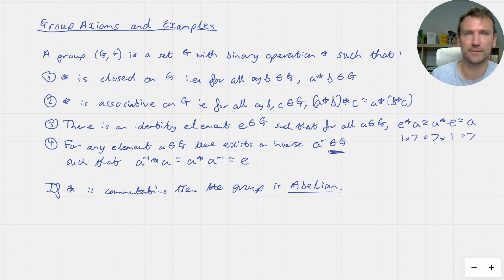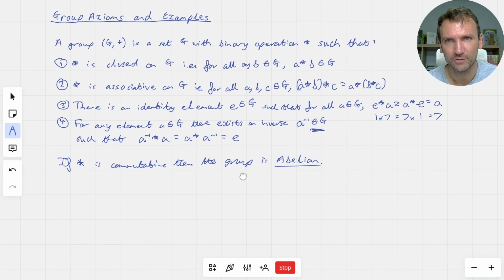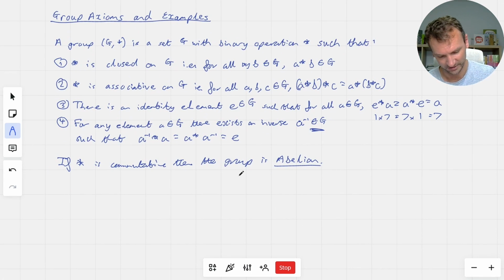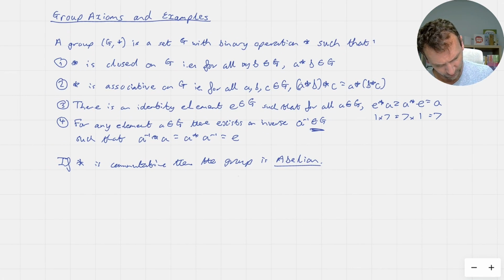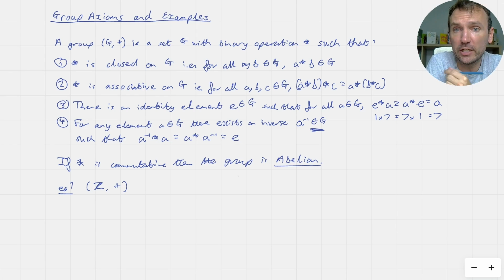Okay, let's look at some examples, because it's the only real way of trying to make sense of these definitions. The first example I want to consider is Z, which hopefully you recall is the integers, both positive and negative and 0, over addition. If you're asked to check whether something's a group, go through these axioms one by one and check.